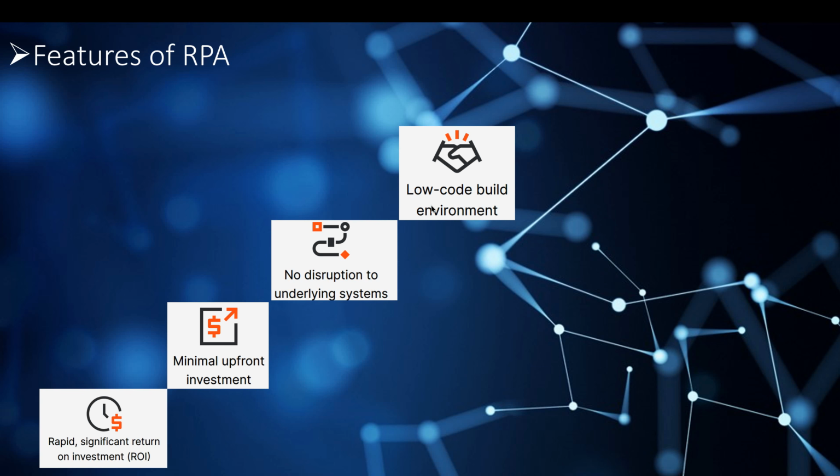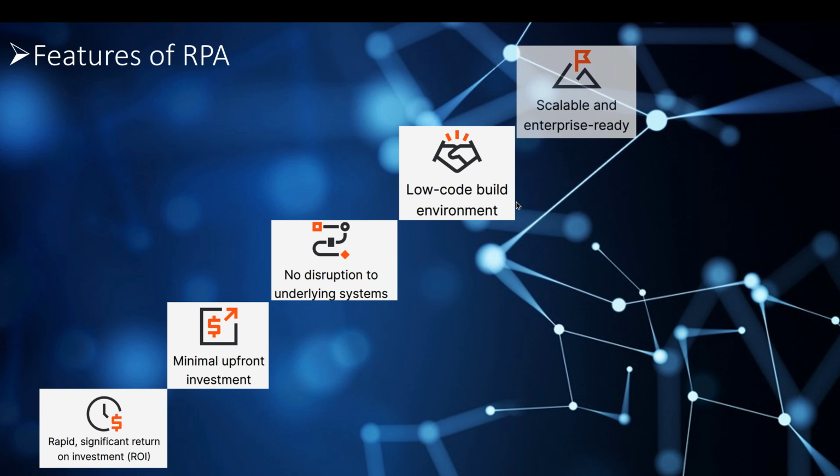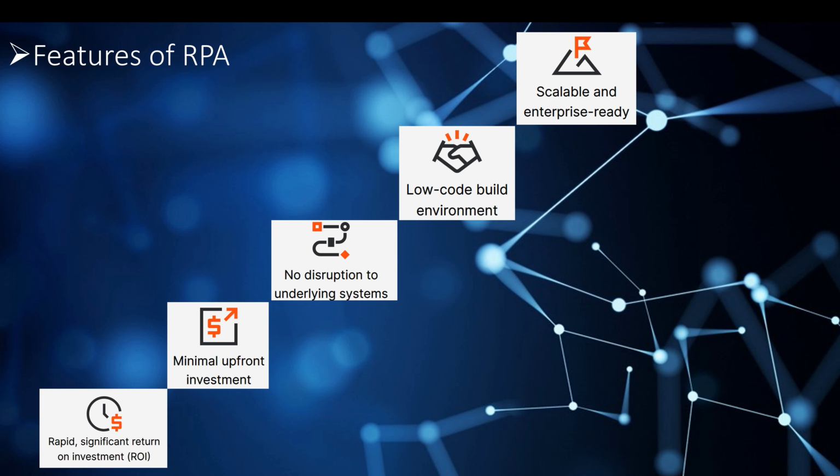We are not going to write thousands of lines or lakhs of lines of code in building this. We can simply say low code, no code environment. I'll talk more on this in coming videos. Scalable and enterprise ready. So this is more scalable, easy to use and ready to use. All these features made RPA stand as a demanding technology in the market nowadays.